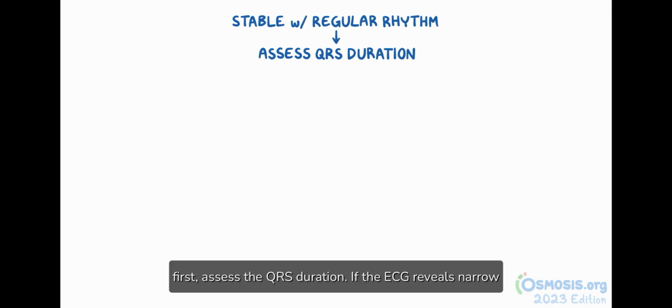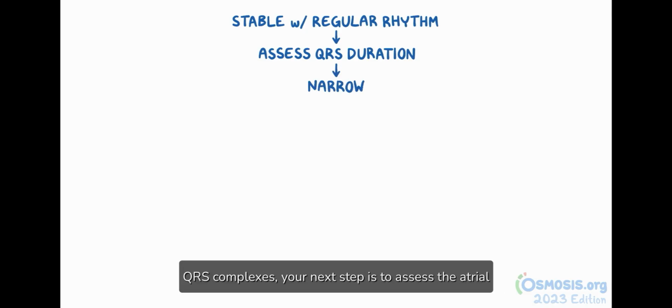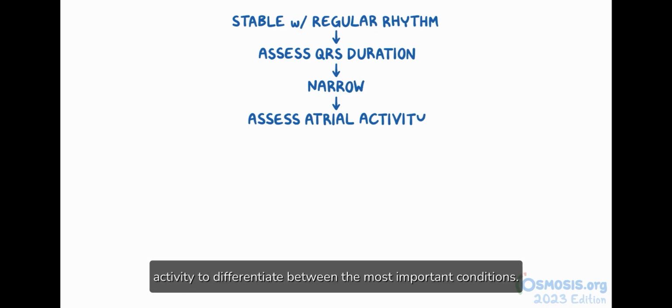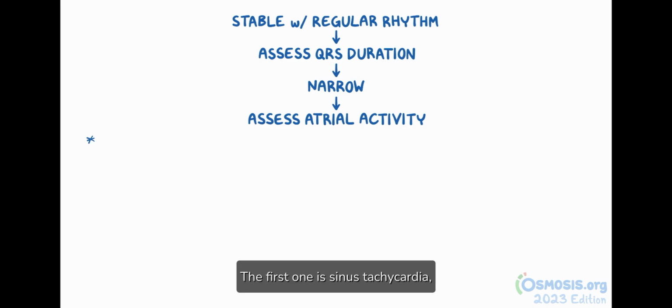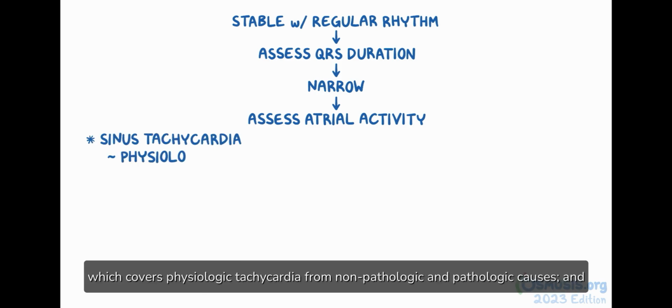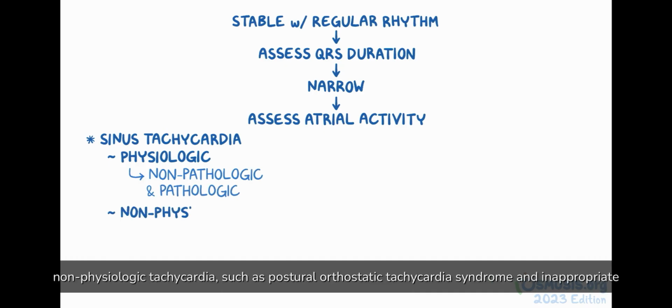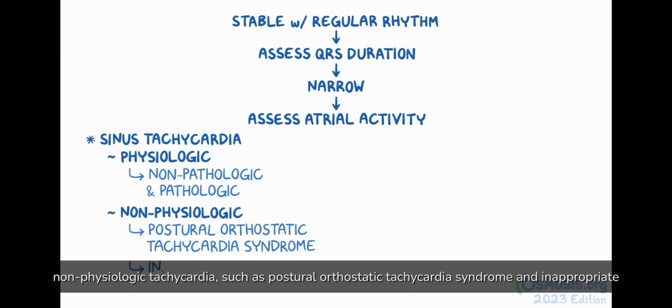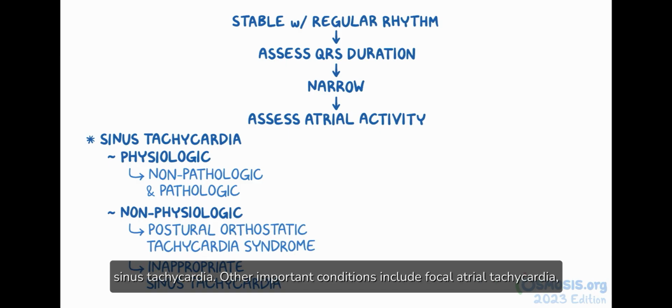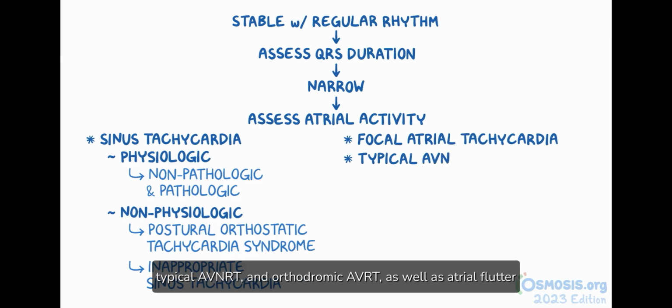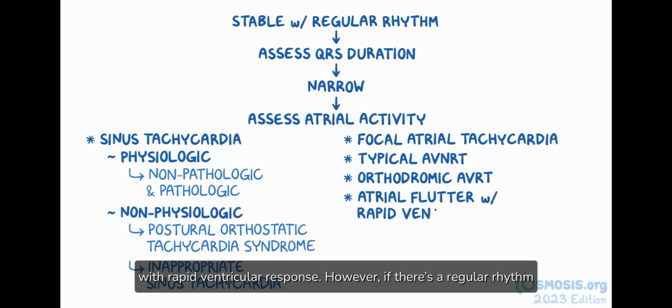If the ECG reveals narrow QRS complexes, your next step is to assess the atrial activity to differentiate between the most important conditions. The first one is sinus tachycardia, which covers physiologic tachycardia from non-pathologic and pathologic causes, and non-physiologic tachycardia, such as postural orthostatic tachycardia syndrome and inappropriate sinus tachycardia. Other important conditions include focal atrial tachycardia, typical AVNRT, and orthodromic AVRT, as well as atrial flutter with rapid ventricular response.